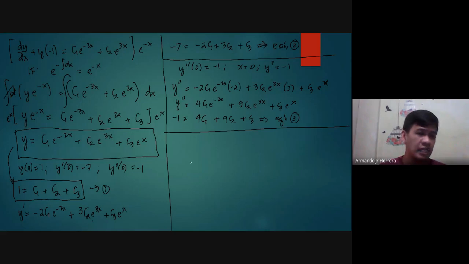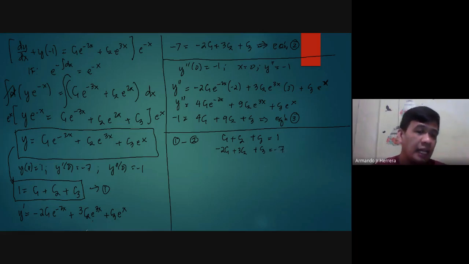Solving simultaneously, if I am to combine 1 and 2, let's subtract 1 from 2. So you have c1 plus c2 plus c3 is 1. Then negative 2c1 plus 3c2 plus c3 is negative 7.